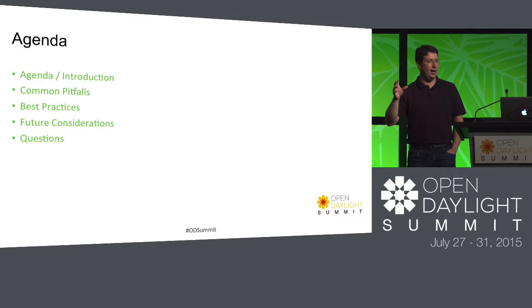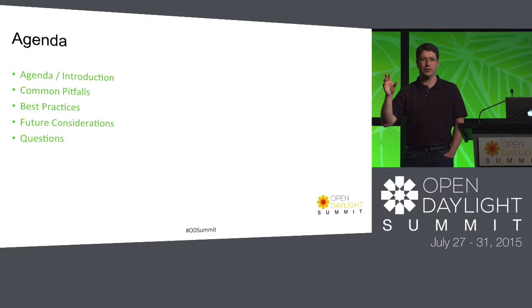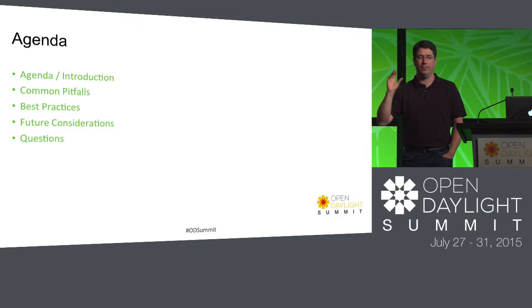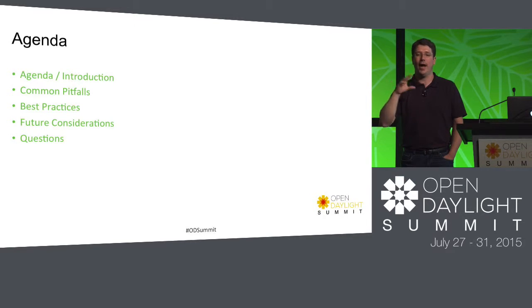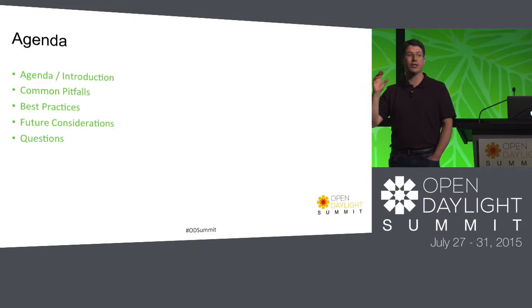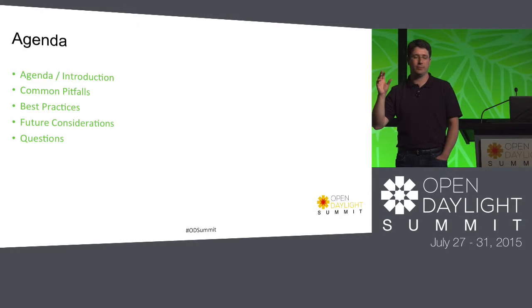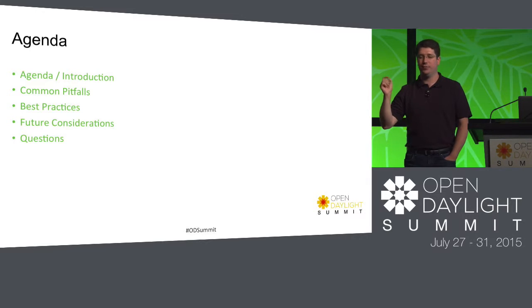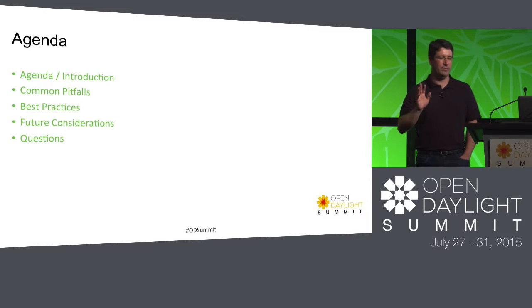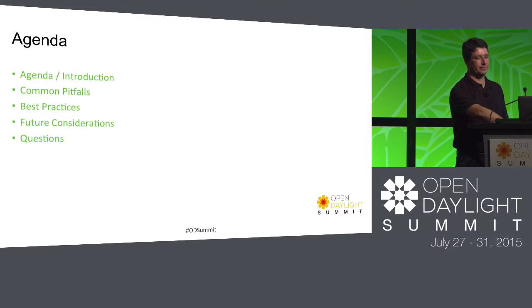And then we're going to talk about future considerations, which is ways that we can evolve OpenDaylight to make it better at being productized. Since it's an explicit goal of OpenDaylight, it does a pretty good job of it so far, but there's places where it's definitely not quite there. And then we'll take questions, and hopefully it will be really interactive at that point. And hopefully this won't be too long of a presentation part.